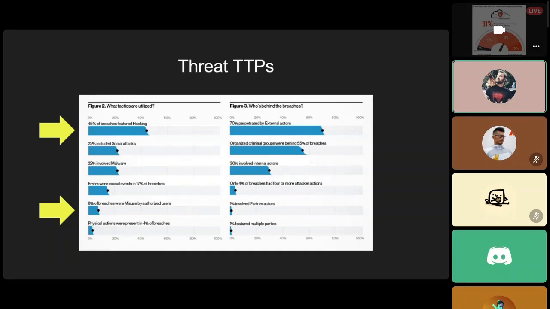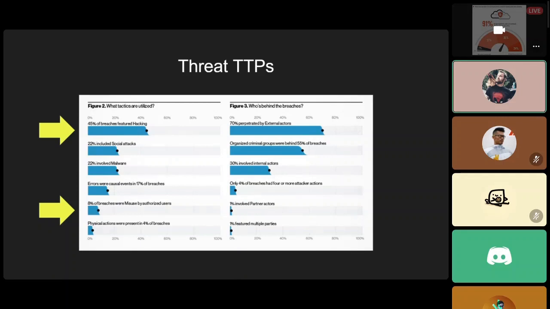Okay, so that's the typical way we see breaches happen, right? Like with insider threats.